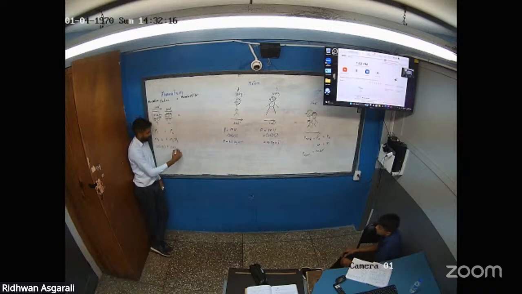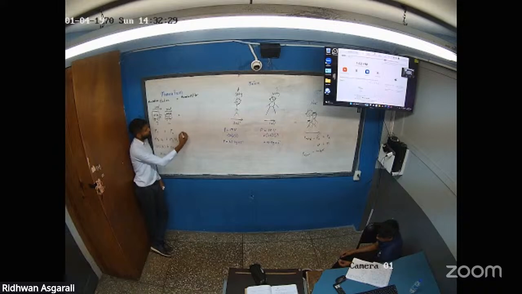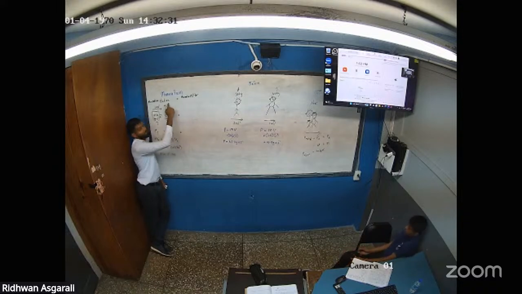So, 10 by 100 is 1,000, right? And then 20 by 35 is 700, yeah? So we know the momentum before collision is equal to the momentum after collision.